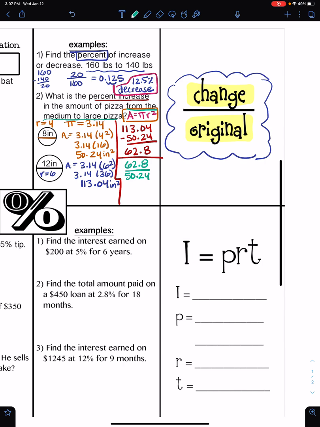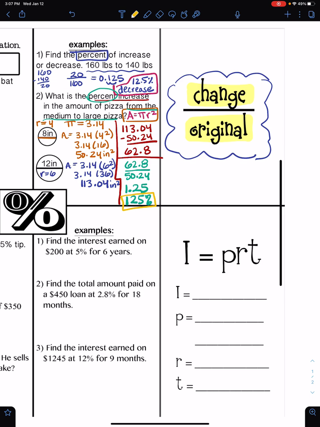I'm dividing 62.8 by 50.24, and I get this number, 1.25. We're looking for the percent, so I'm going to change that to a percent, 125%. How did I change that to a percent? I multiplied by 100 or moved the decimal 2 places to the right.